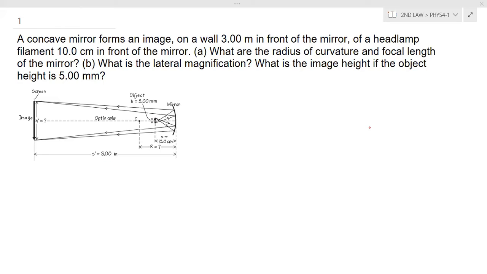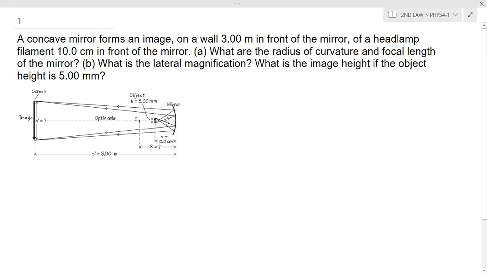Now, you can see here a diagram where we illustrate this problem. This is the concave mirror, and this is our object. It is 5 millimeters. This is the center of curvature. And then we are going to look for the height of the image.